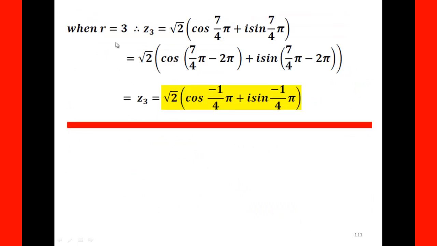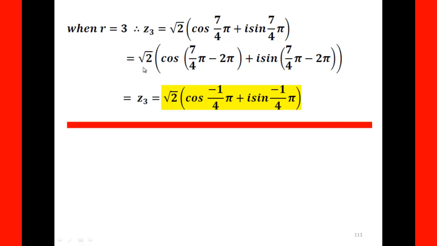When r equal 3, as the previous, we write z3 equals root 2 cosine 7 over 4 pi plus I sine 7 over 4 pi. Also, we can subtract 2 pi because 7 over 4 pi is not included between negative pi and pi.